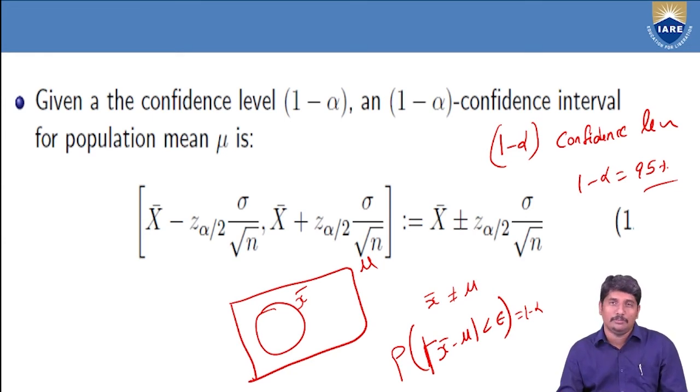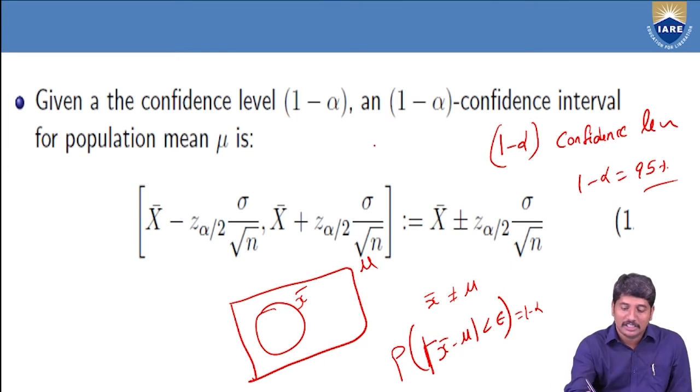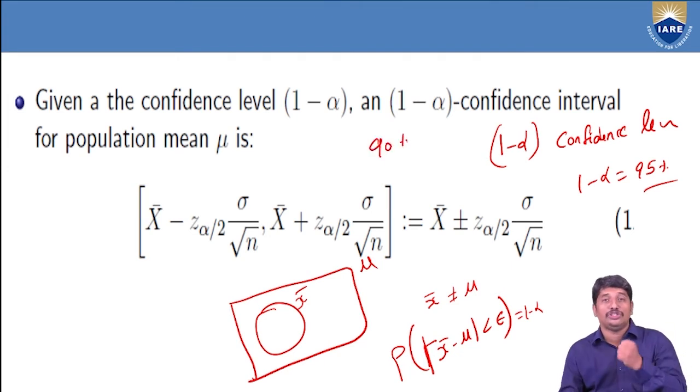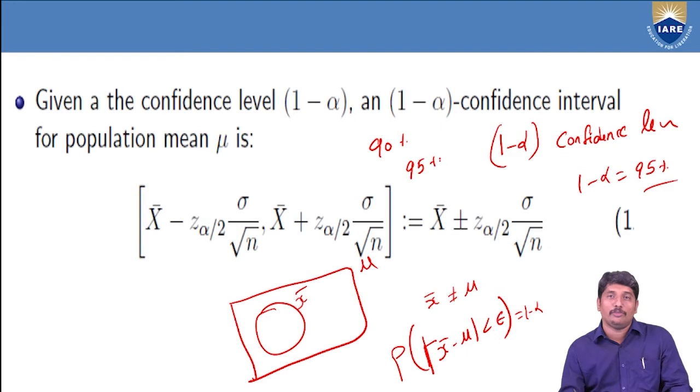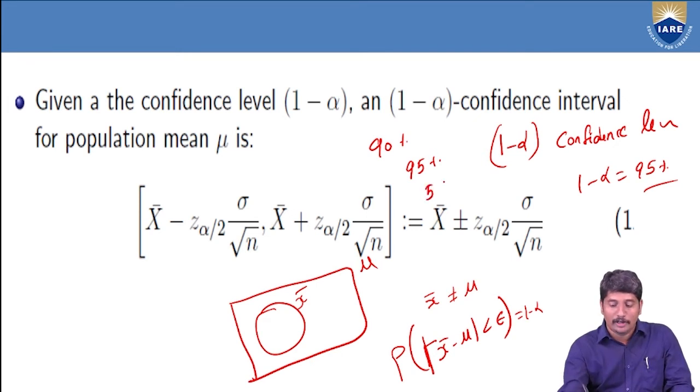If we say the confidence level is 90%, that means we are 90% confident that our x bar will differ from mu by only a very minute difference epsilon. On the other side, at 95% you have a doubt of 5%. That is called the level of significance.